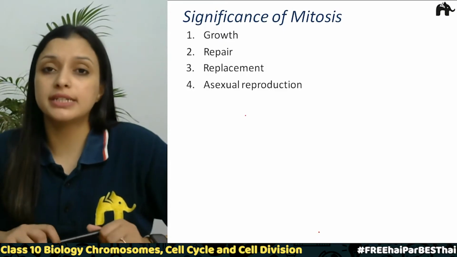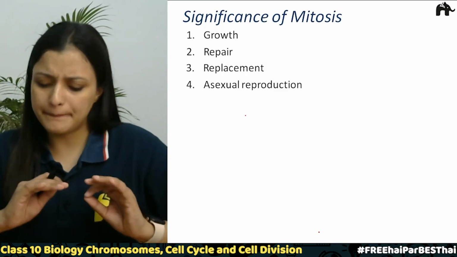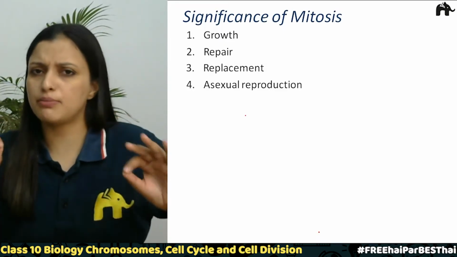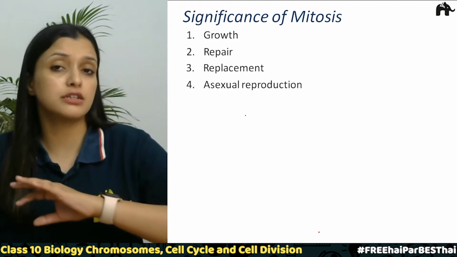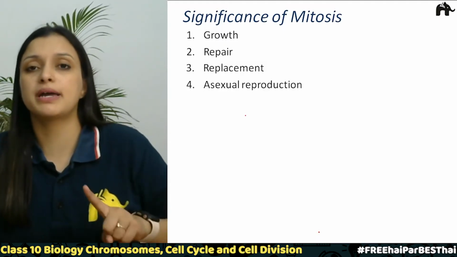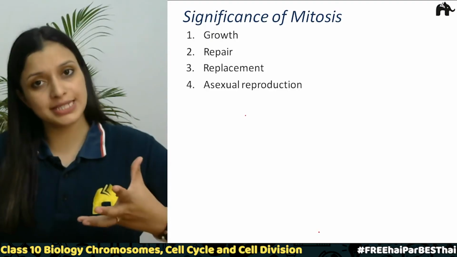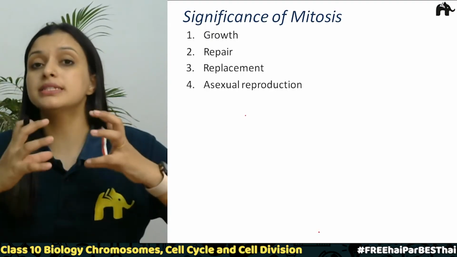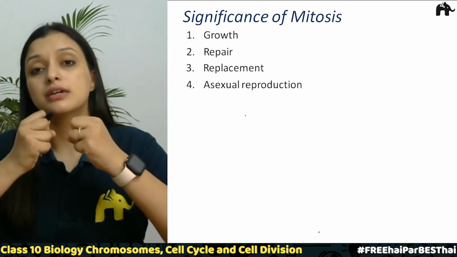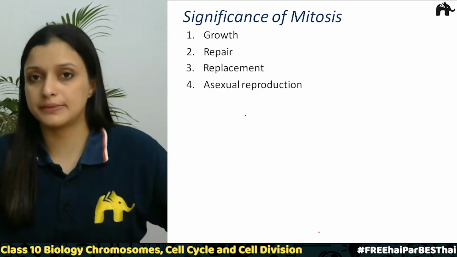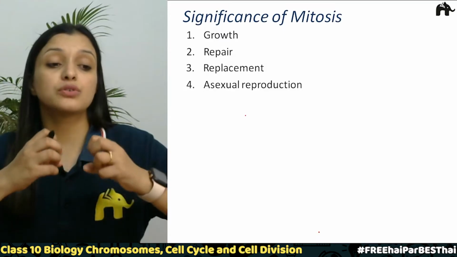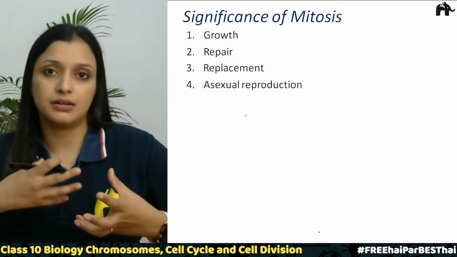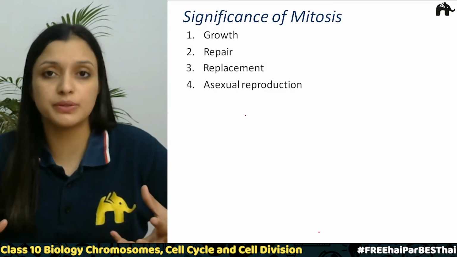Then coming on to the next, asexual reproduction takes place just by mitosis. There is no meiosis, there is no other type of cell division, only mitosis. A cell grows in size, grows its content, and when the cell is fully mature, this cell divides and splits, right? This is how mitosis helps in asexual reproduction.